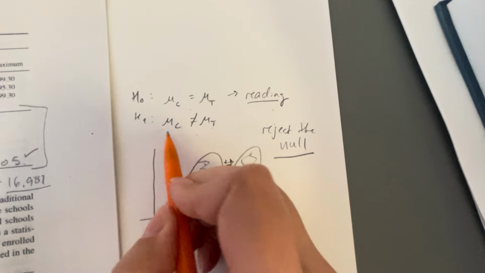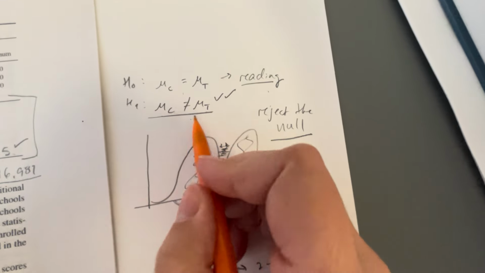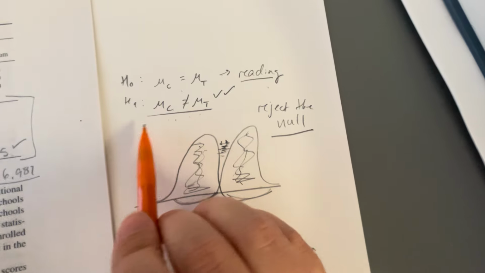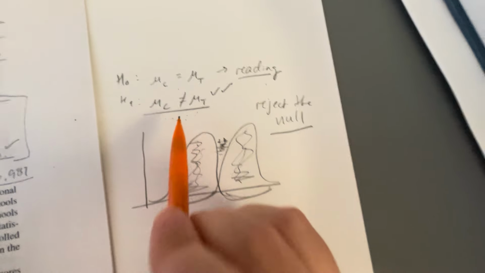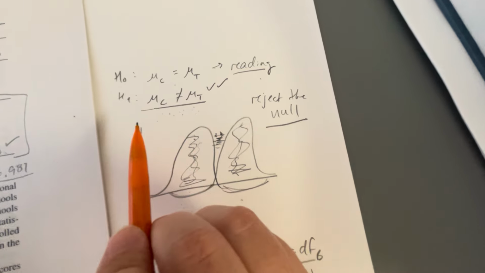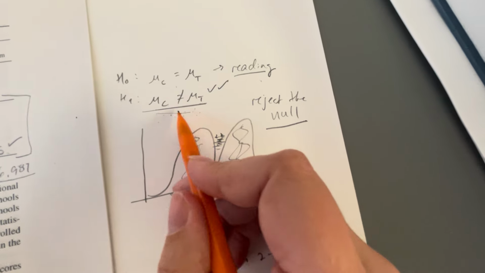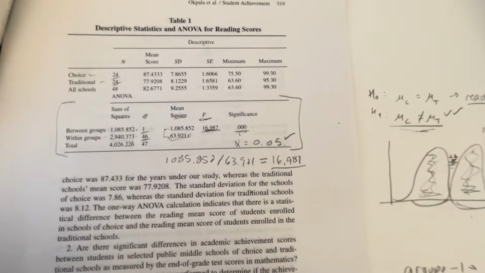We can conclude that there is a significant difference between these two groups. Because we are only comparing these two groups, this is the end of the analysis. This does not tell us which one is greater than the other one or which one is smaller. We simply know that there is a significant difference between these two groups based on this ANOVA.